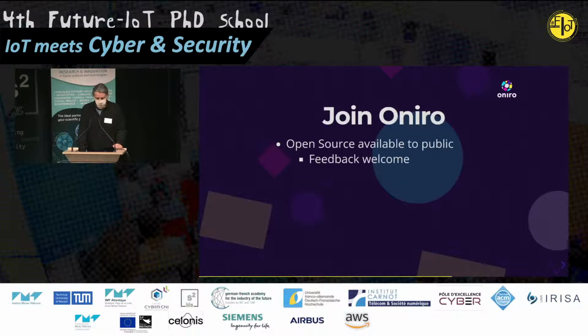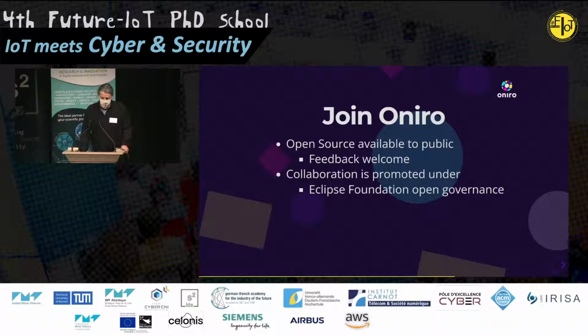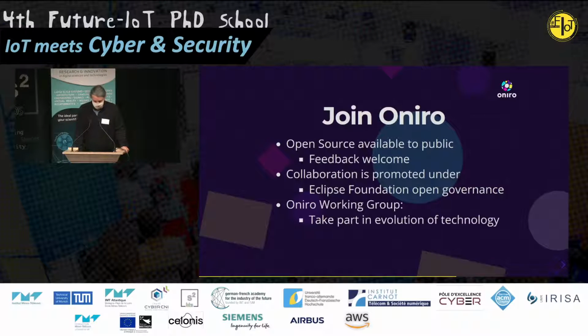So to join us, it's open source. You can get the code and share some feedback. We have different channels like chat rooms, bug trackers, mailing lists and so on. Collaboration is done under this open foundation, with open governance. So you can join if you want to be part of the project.